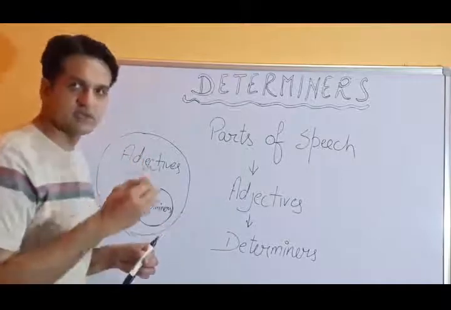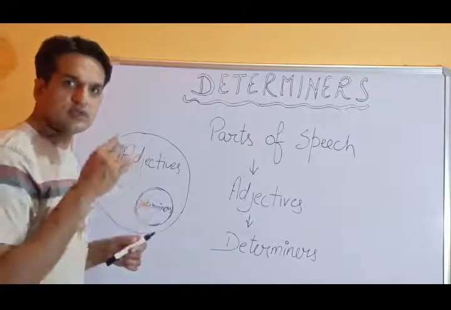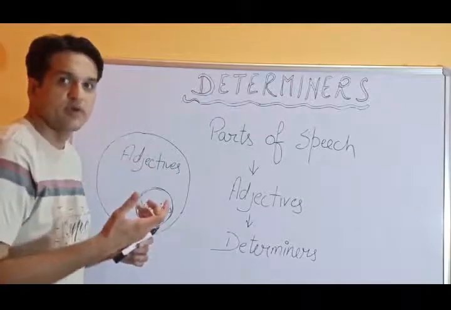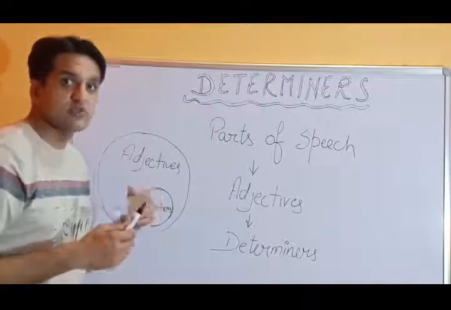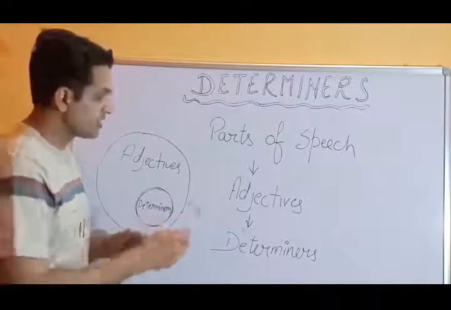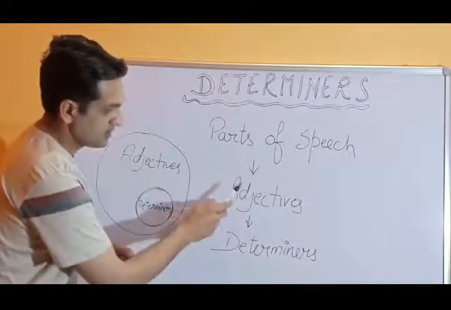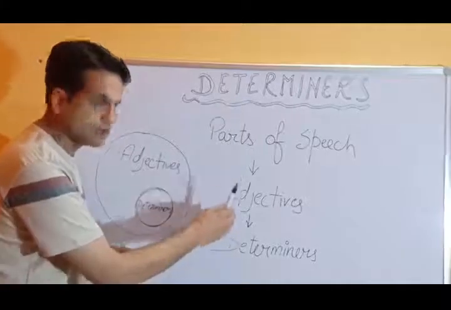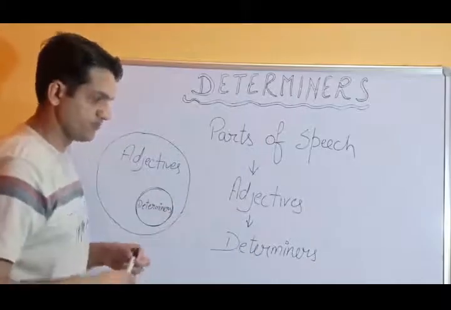Adjectives या विशेषण वो शब्द हैं जो किसी नाउन या प्रोनाउन को मॉडिफाई करते हैं, उसके बारे में कुछ एक्स्ट्रा इंफॉर्मेशन देते हैं. And determiners come under adjectives. Determiners adjective का ही part.